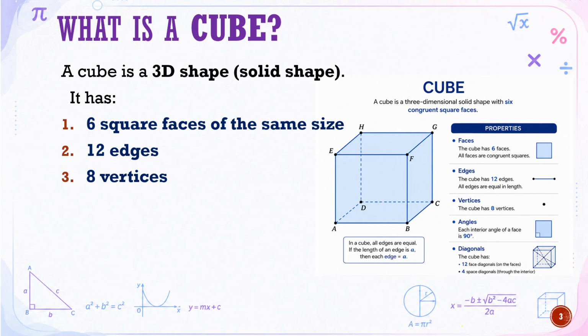When we say that the sizes are the same or they have square faces, we also use another word, which is congruent square faces. Congruent is nothing but same. So it has 6 congruent square faces, meaning 6 square faces of the same size.